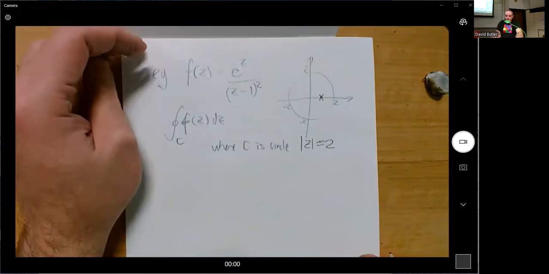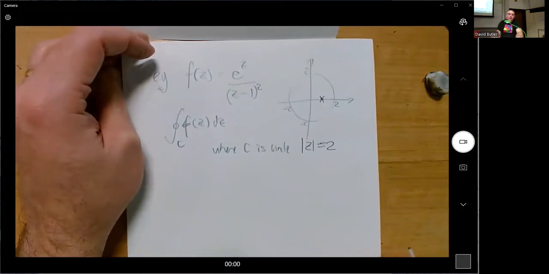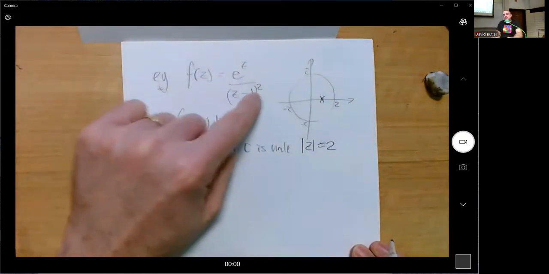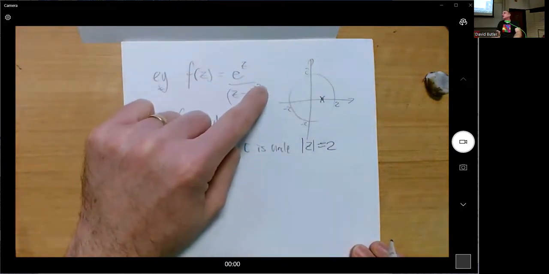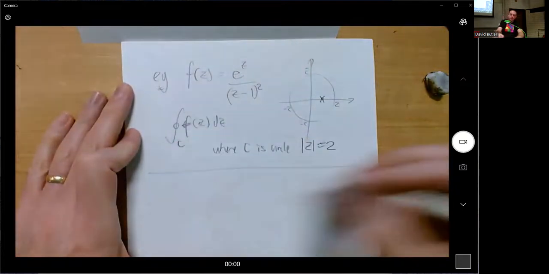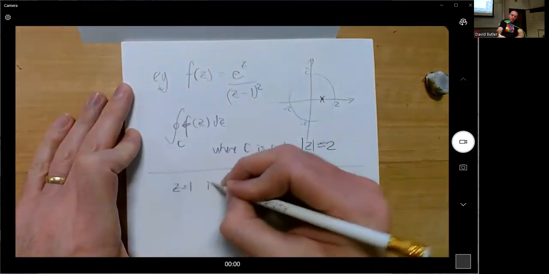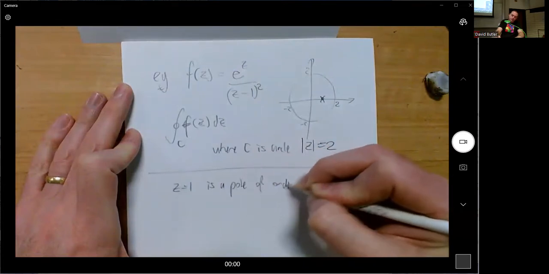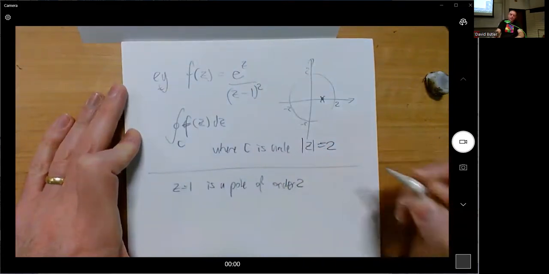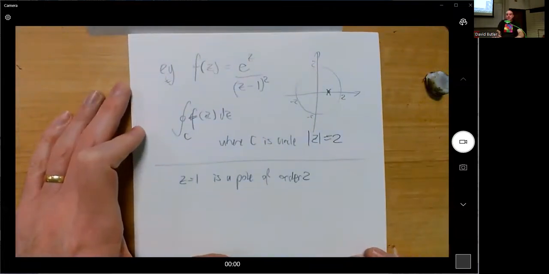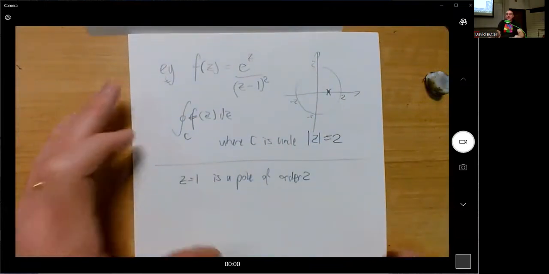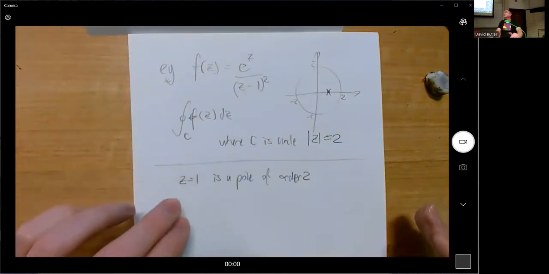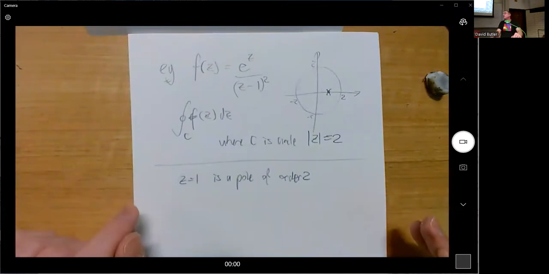And so it's already written as analytic function divided by z minus 1 squared. So it's a pole of order 2. And so I have choices. I can try and write this as a Laurent series, or I can do the appropriate derivatives.